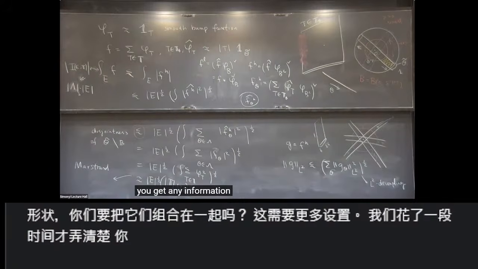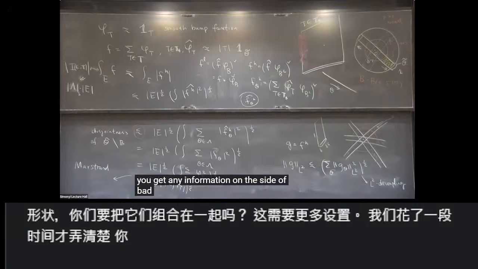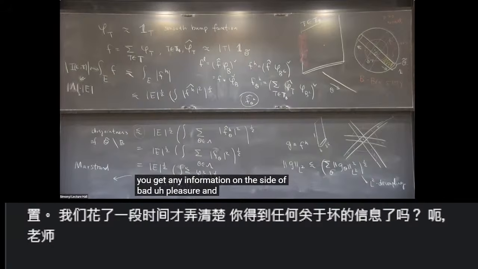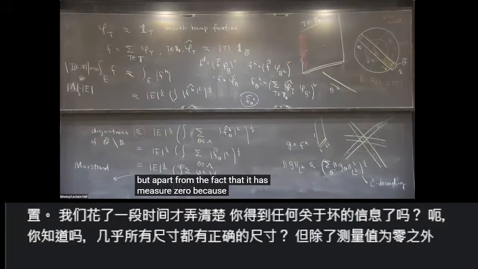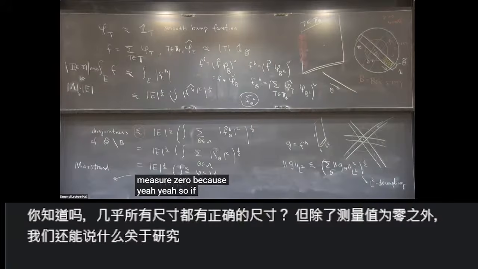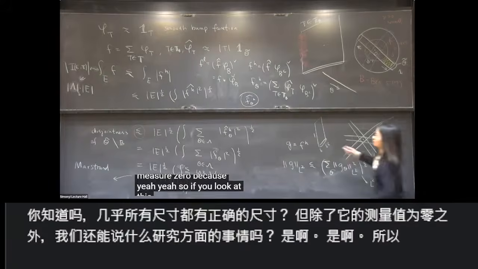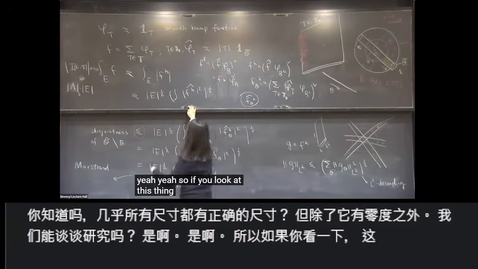Do you get any information on the set of bad theta? Do you have the correct Hausdorff dimension for almost all, but apart from the fact that the exceptional set has measure 0, can you say anything about it? Yeah.